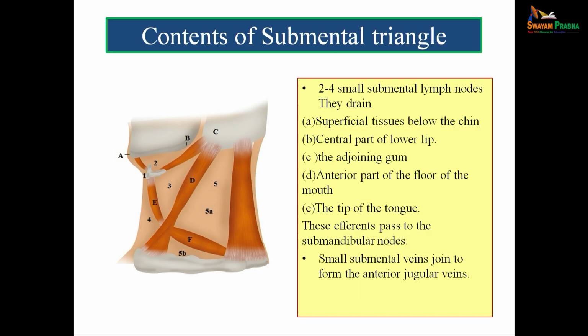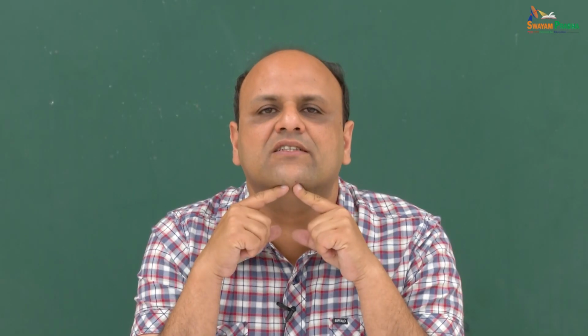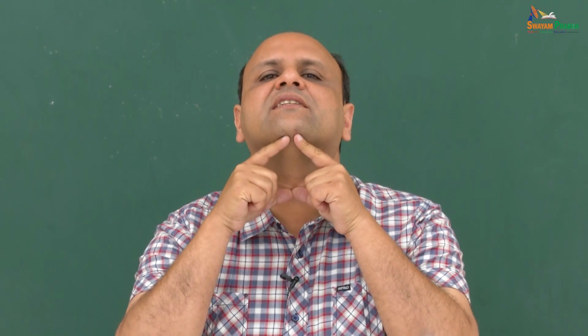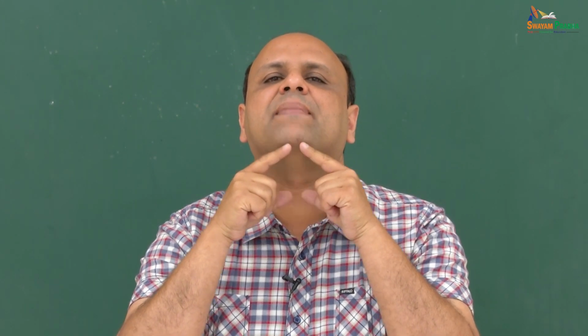Now, what are the contents of the submental triangle? The submental triangle is formed by the two anterior bellies of digastric, the base is formed by the hyoid bone, and the apex lies at the chin. So it is marked by 2 in the figure. Now we do the contents of this submental triangle. 2 to 4 small submental lymph nodes are there in this triangle.